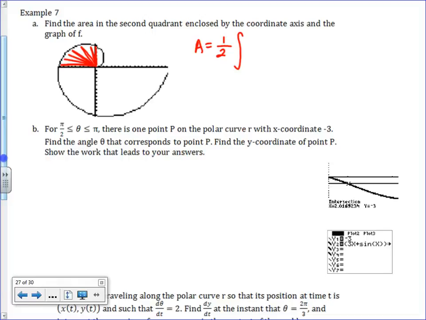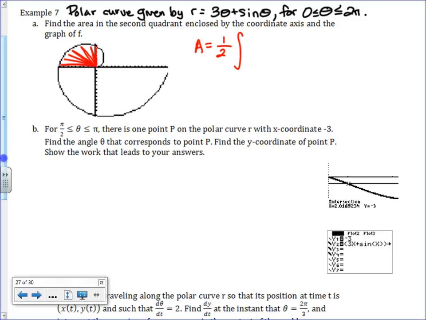Polar curve. Write this down, guys. Given by r equals 3 theta plus sine theta, for theta between 0 and 2 pi. Thank you for letting me know, otherwise we would have all been confused. So much more sense.